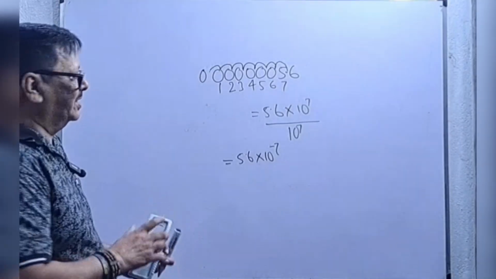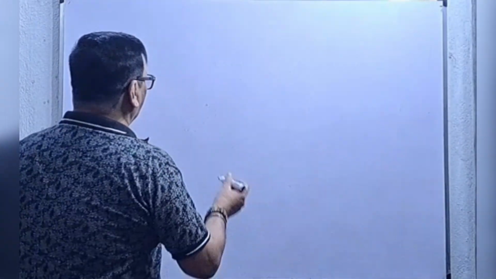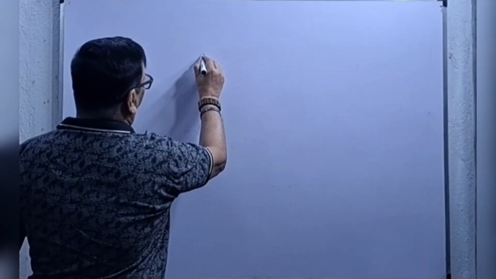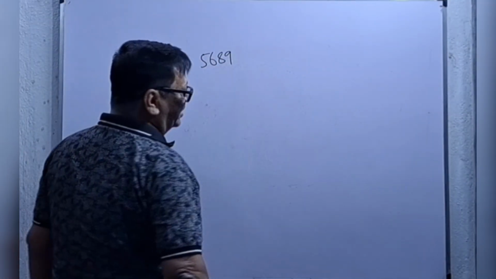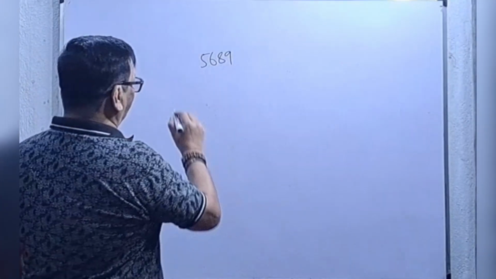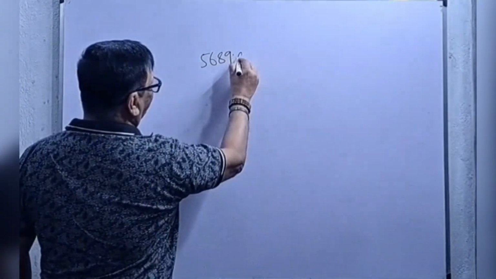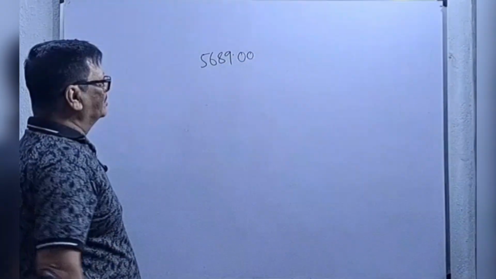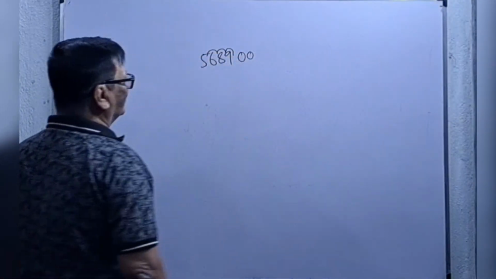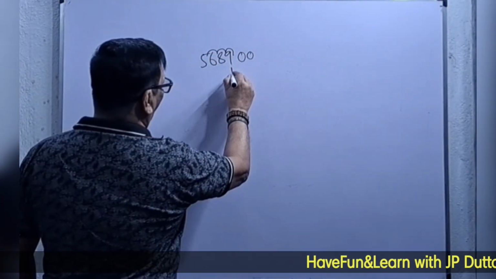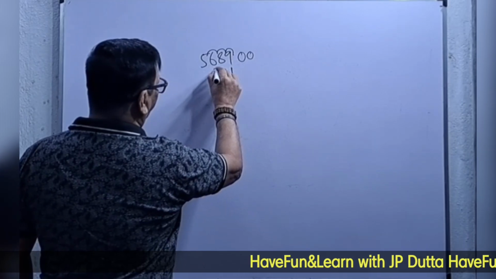Understood? Now let us try one more. A larger value, right? So we want to represent 5689 in standard form. So the decimal point is here. We have to shift this decimal point to this place. How many places? 1, 2, 3 places.